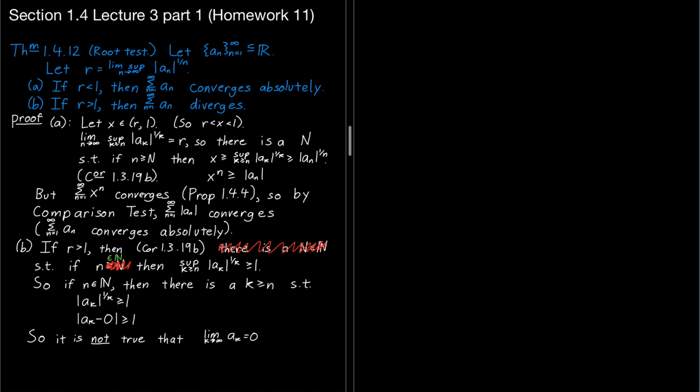If that was true, then there would have to be some n where a_k is within epsilon of 0 for any epsilon, within 1 of 0, within a half of 0, whatever, for all k bigger than n, and that's not true. There's always a k where a_k is at least 1 unit away from 0. So then our series diverges.